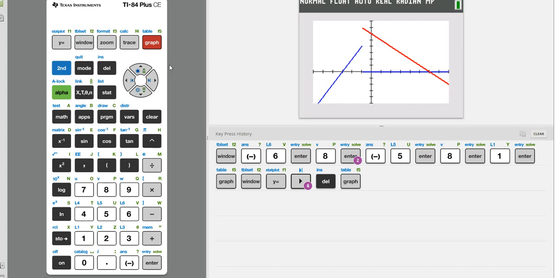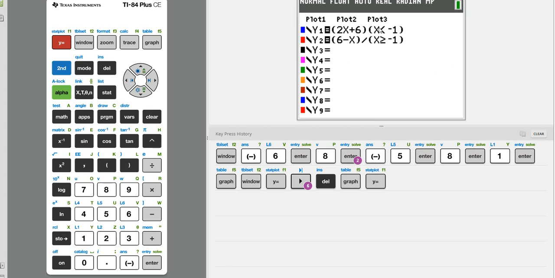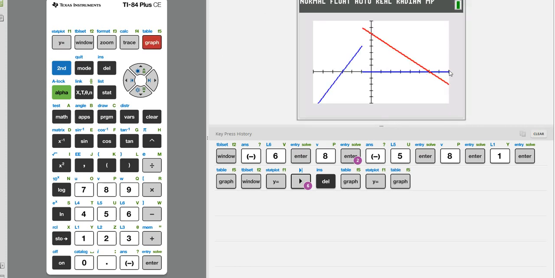Why is it blue on the x-axis? Well, this is false to the right of -1, so that makes it a 0. So this times 0 is 0. That's why it's graphing this stuff here. That gets a little bit messy and confusing. I don't want to see that.